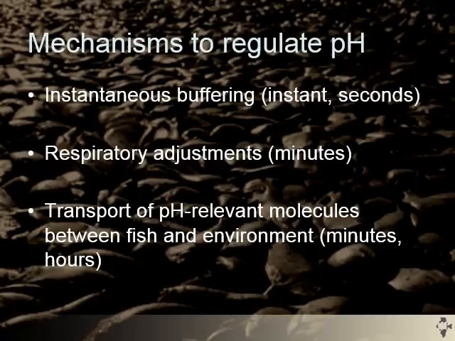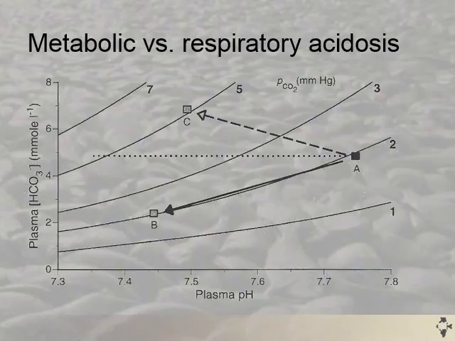The instantaneous buffering will do what it can, but then respiratory adjustments and exchange of pH relevant molecules at the gill are going to have to come in to complete that compensation, to ensure that the buffering system that is available at the cells and at the tissues is regenerated and reconstituted and prepared for the next pH shift.